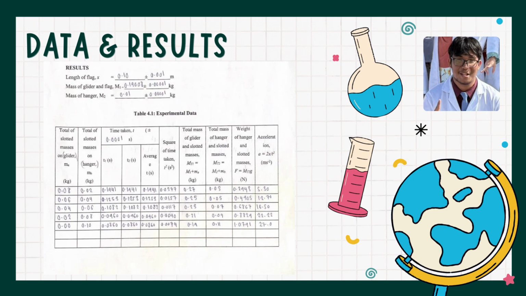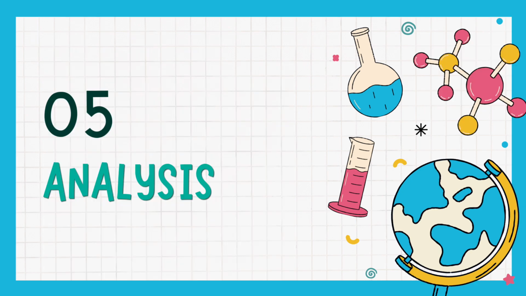After that, the weight of the hanger and total mass is F equals mt2 g, which has unit in Newtons. And the last one is acceleration, A, with unit in meters per second squared.